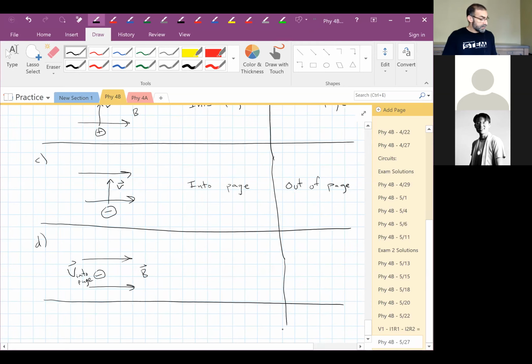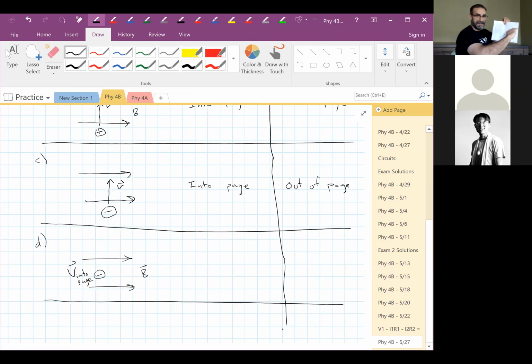What direction is V cross B? So V is into the page. So I point my fingers into the page. B is to the right.